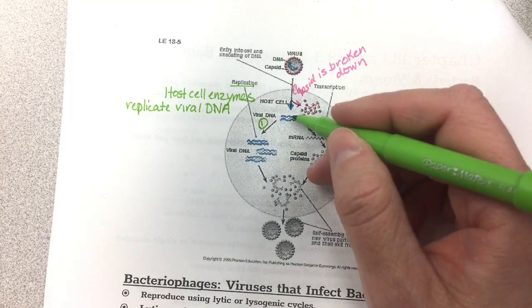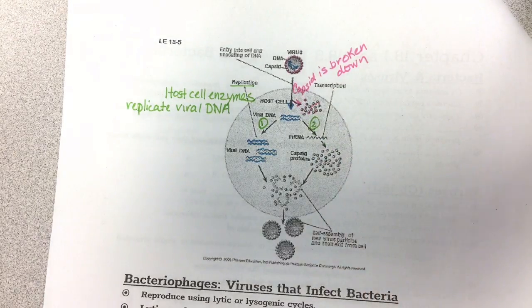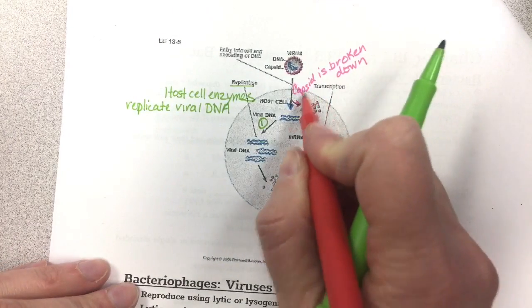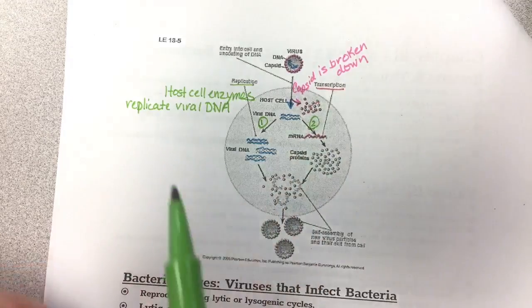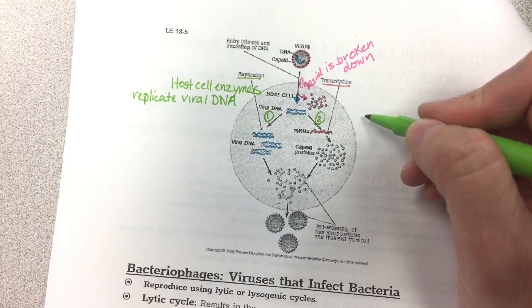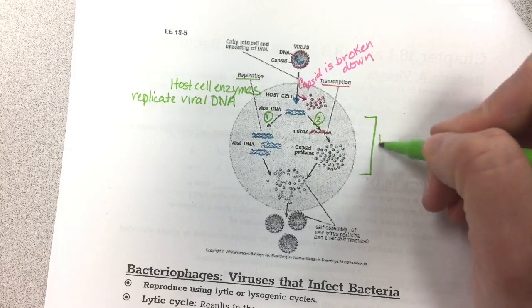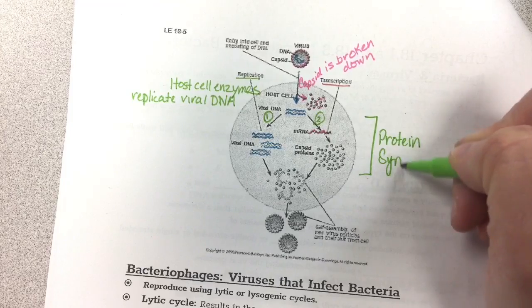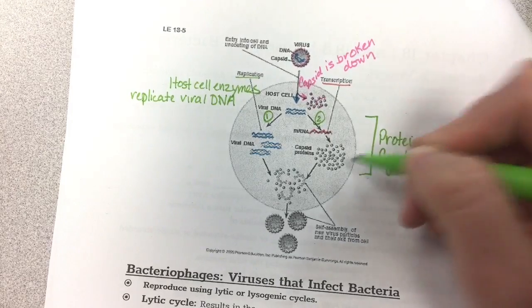The second thing is going through this process here. Notice here, DNA to mRNA. That process, DNA to mRNA, is transcription. Collectively, this whole process is called protein synthesis. From right here to right here, we're using the DNA from the virus to make viral proteins.